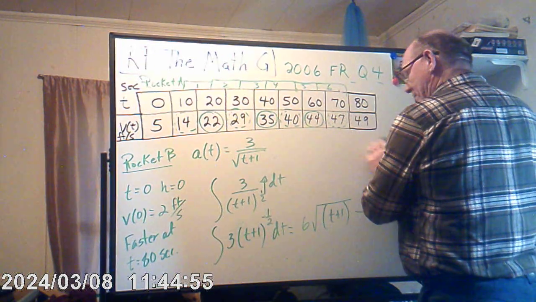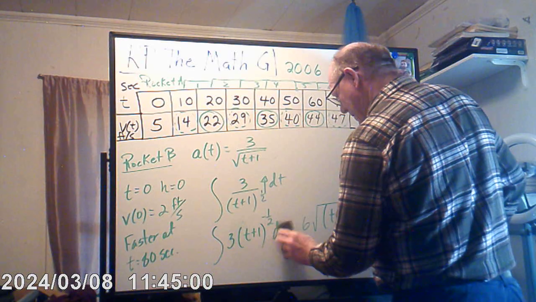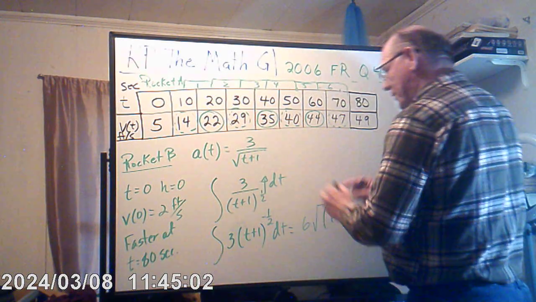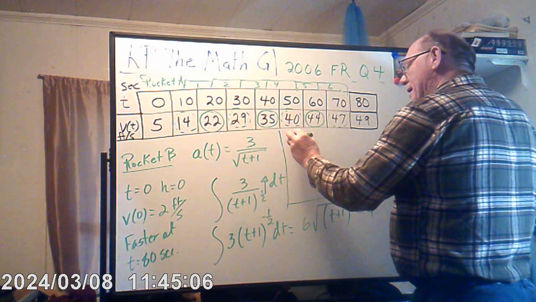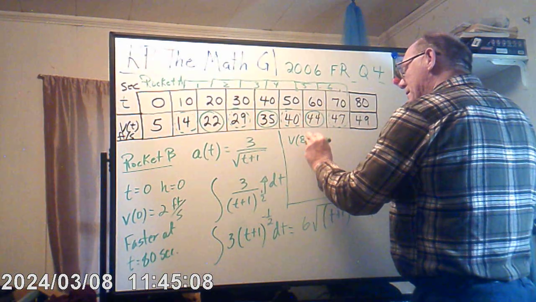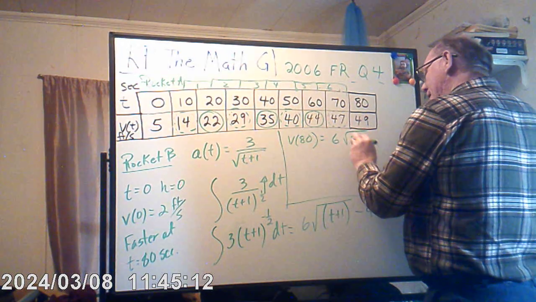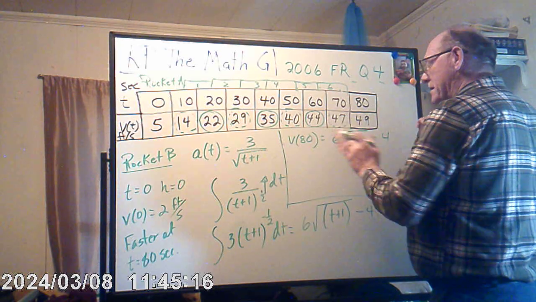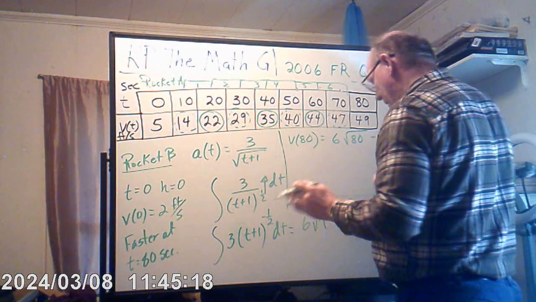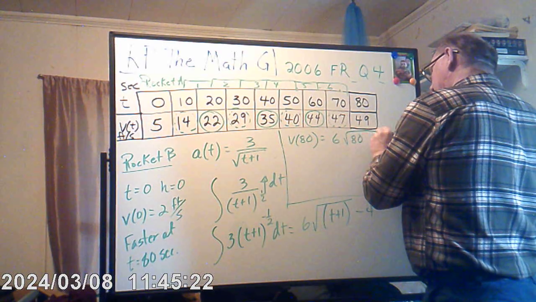So that's what I'm looking at. So v at 80 is equal to 6 times the square root of t plus 1, minus 4, so 80 plus 1, I'm sorry.